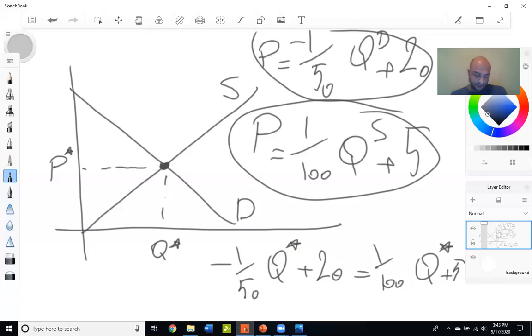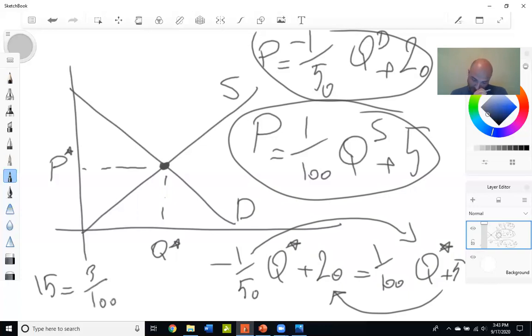You put this here, you send this part here and this one here, and you will have 15 equals, say it is 3 over 100 quantity of star.